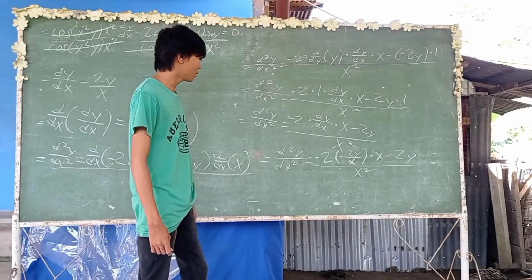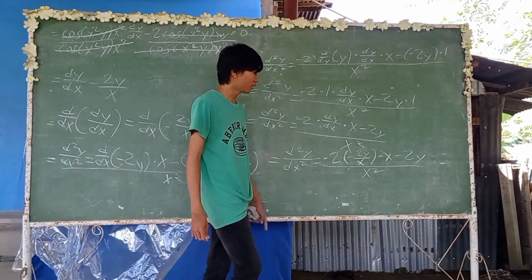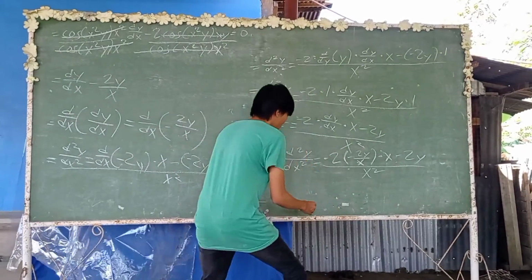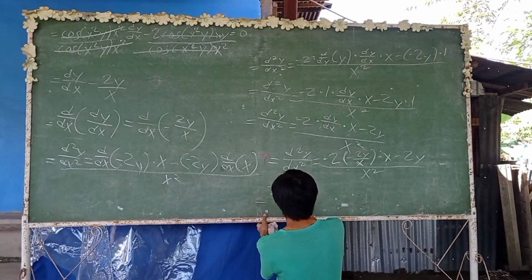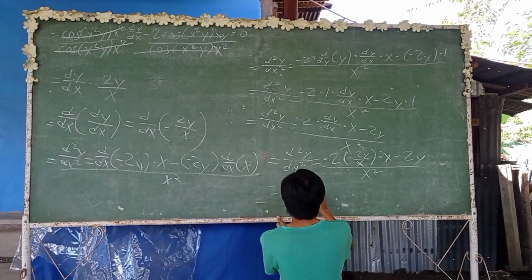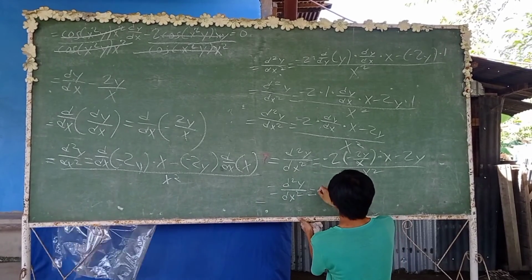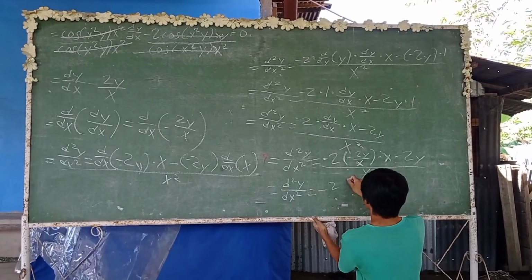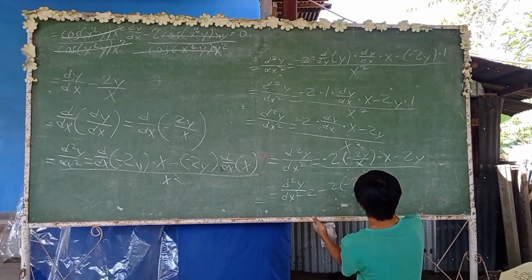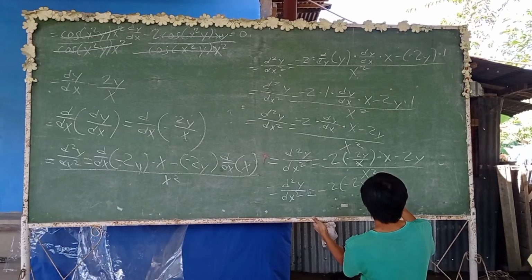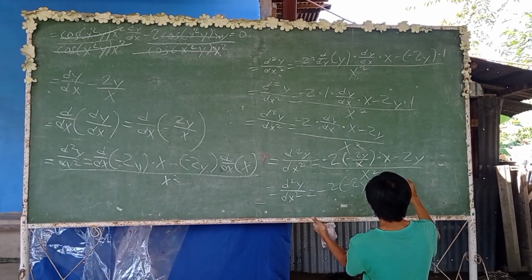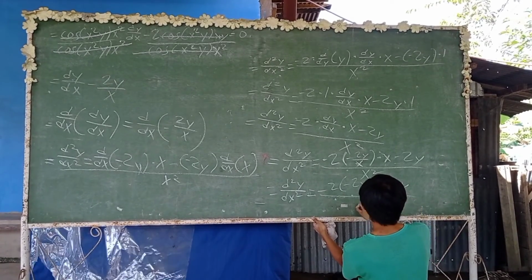Next process is cancel the x in the numerator. So d squared y over dx squared is equal to negative 2y times negative 2y over x squared.